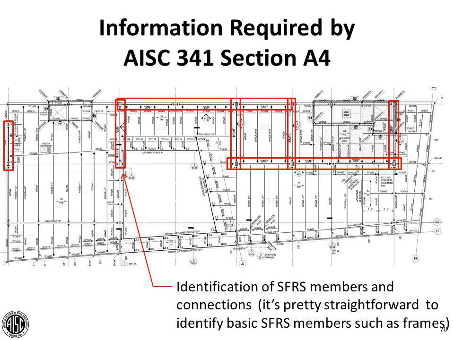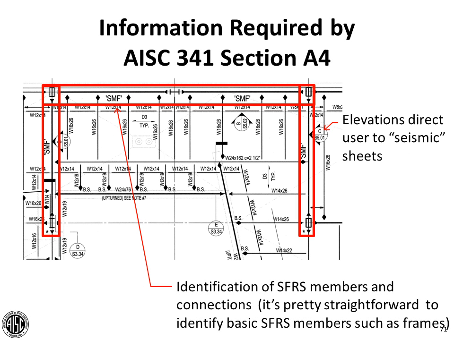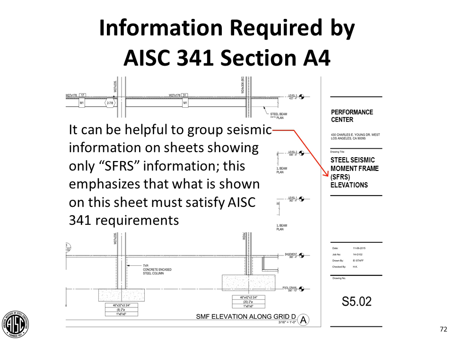But also note that there's a reference to frame elevations that then refer you back to the seismic force resisting sheets, where all the information shown relates just to the seismic requirements. So here's that elevation. We'll see it becomes a little bit more of a challenge to identify the other elements that are part of the system, and that's the reason why I think it makes the most sense to have the engineer of record do that.